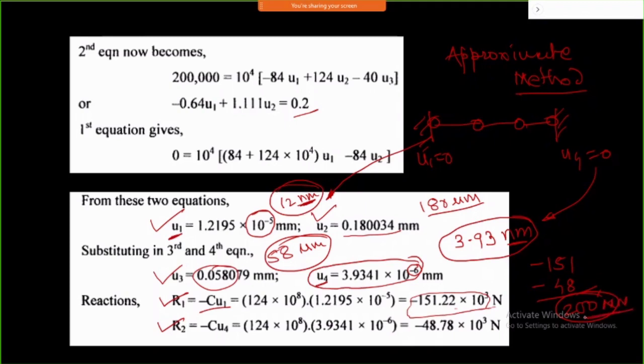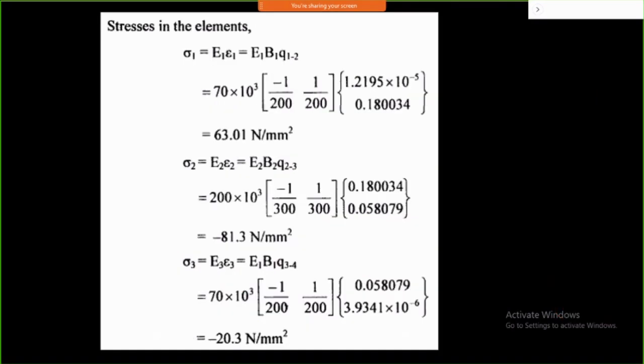The reason is that you have assumed this kind of deformation is going to happen, which practically is not possible. The displacement is even less, and the highest stiffness values you have taken into account are going to result in this problem. And if you take a still higher value, you can get an even lower value of displacement at these nodes.